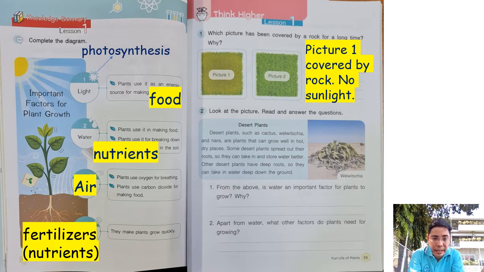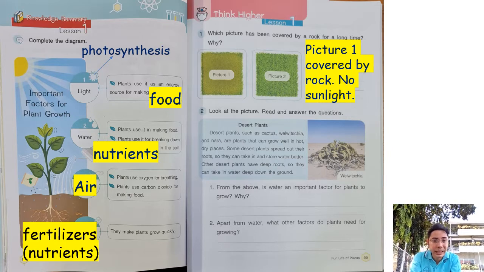Other desert plants have deep roots, meaning big and long roots down the ground, so they can get the water below.